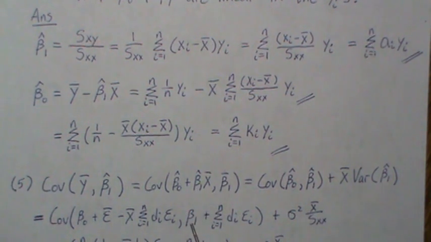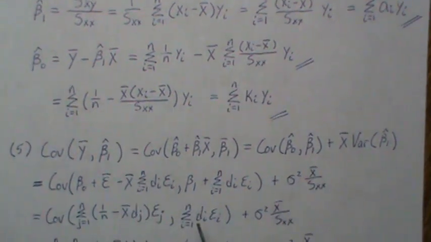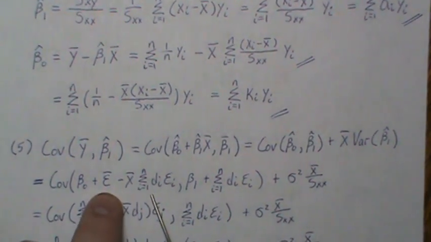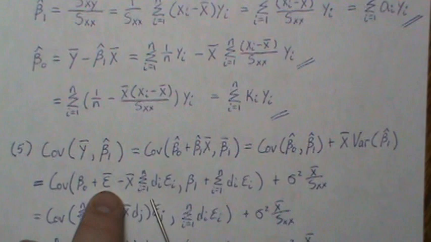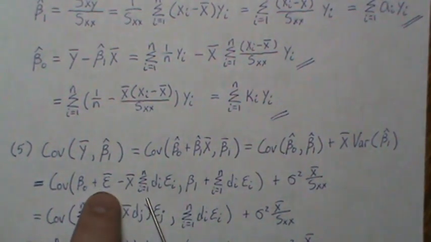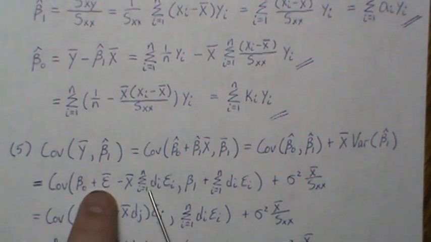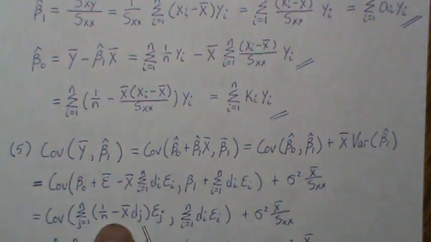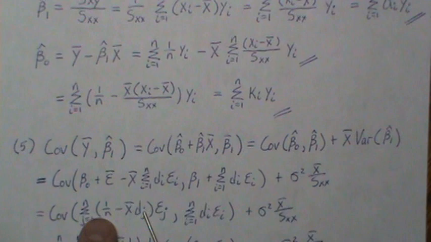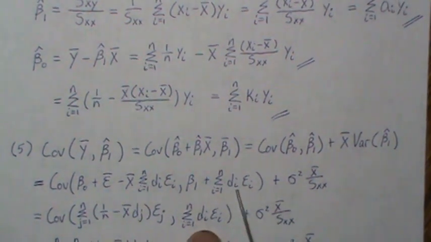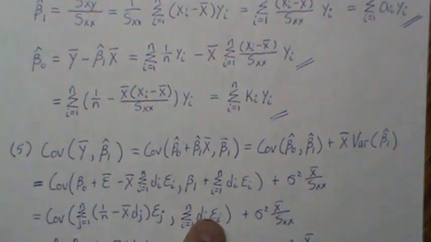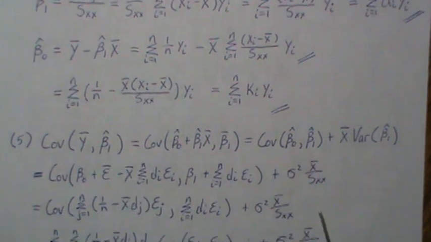Now the constants don't play a part in covariance, so we can get rid of them. And then in here, when we were doing the variance of beta 1 hat, we showed that this is the sum of the epsilon i over n, and this ends up being the same sum. We can combine them, and we factored it into this. So that piece is this. And then this is just the sum of, it comes down, and then this piece comes down.